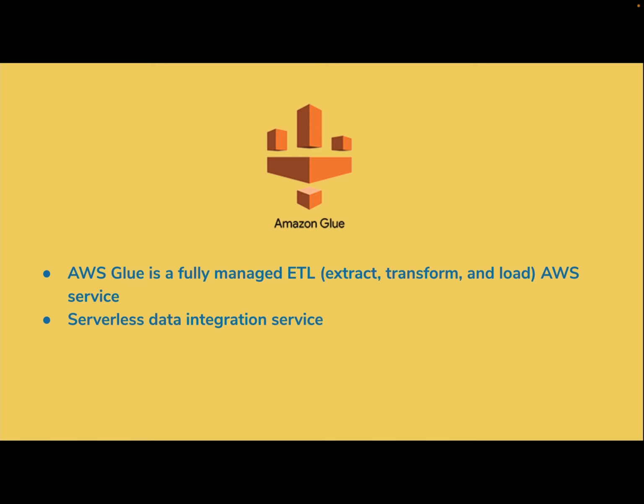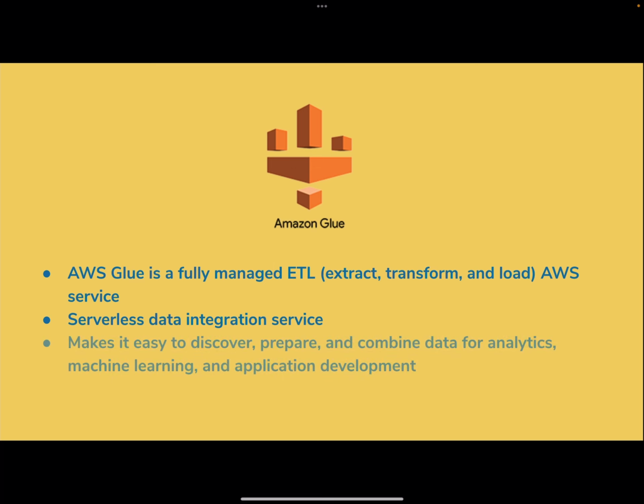We don't need to have a physical server or even a VM, a virtual machine, installed to use this. We can just directly go and pull our data, start doing transformations, and load the data. That's what is known as serverless.